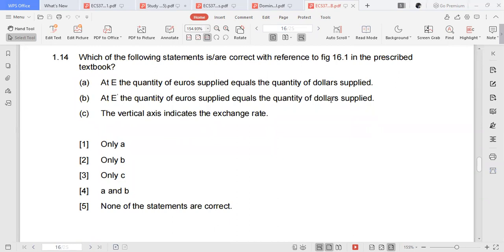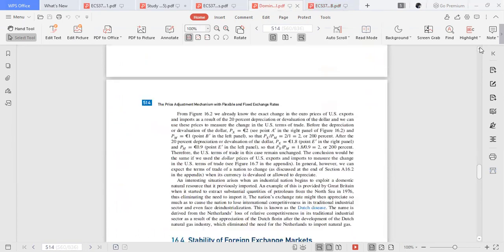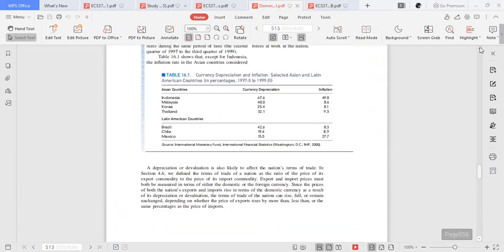(1.14). Which of the following statements is or are correct with reference to Fig 16.1 in the prescribed textbook?